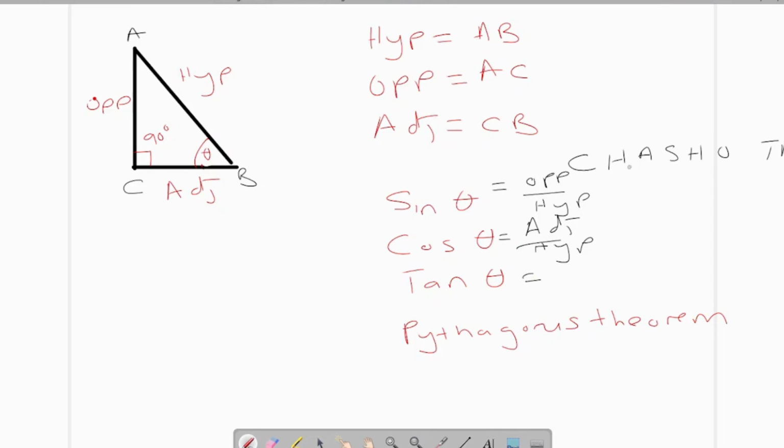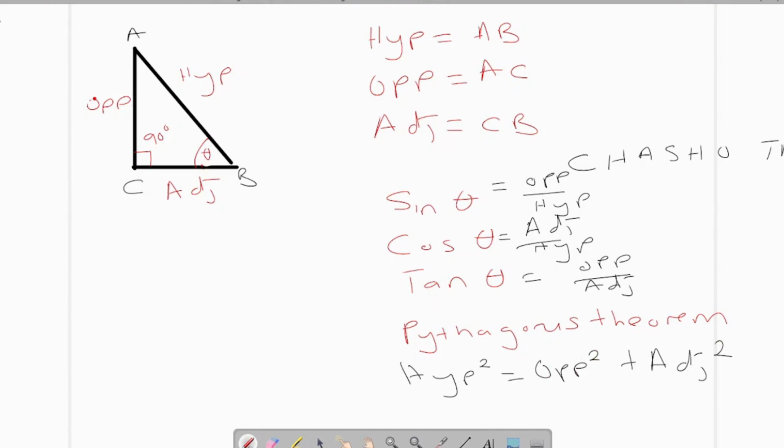And finally, the tan theta is opposite over adjacent. And the Pythagoras theorem is defined as hypotenuse squared equals opposite squared plus adjacent squared. So this is the formula for the Pythagoras theorem.